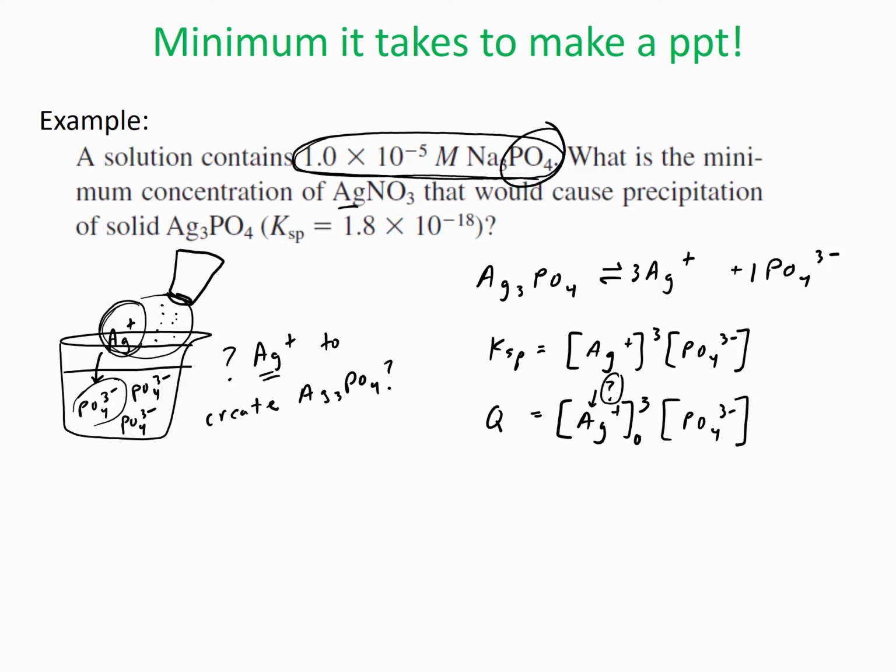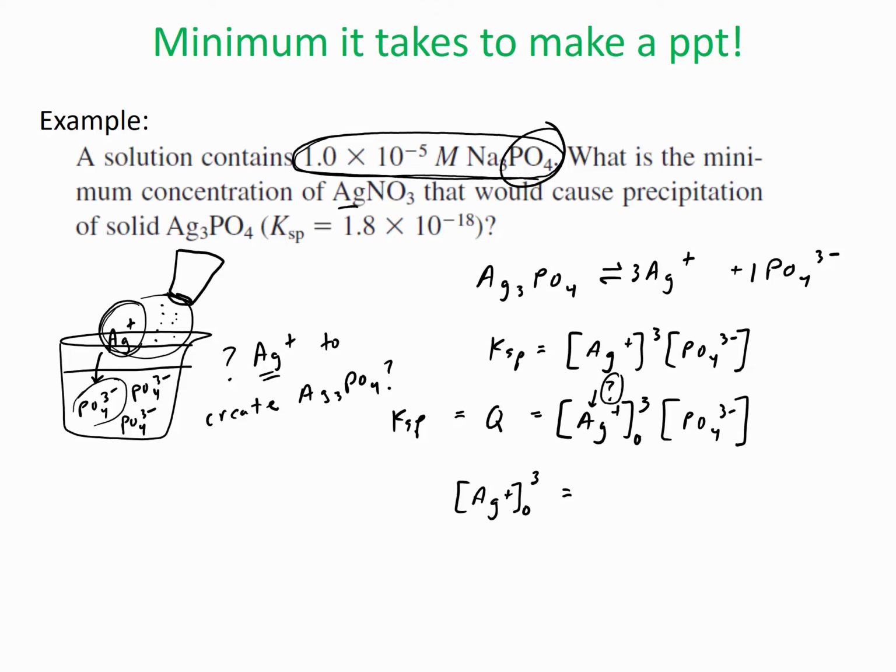So Ag cubed is going to be equal to, and we're going to set this equal to KSP, and whatever we get in our answer, any number greater than this will cause precipitation.